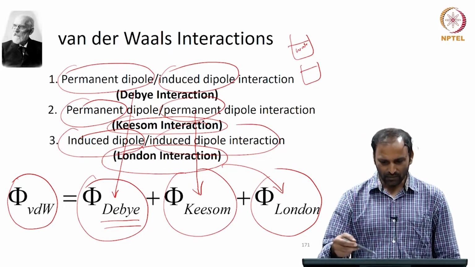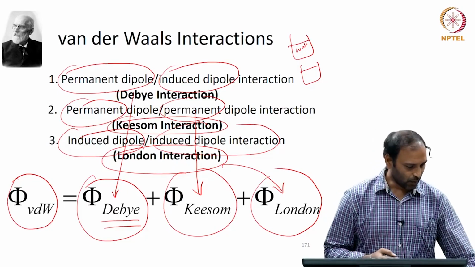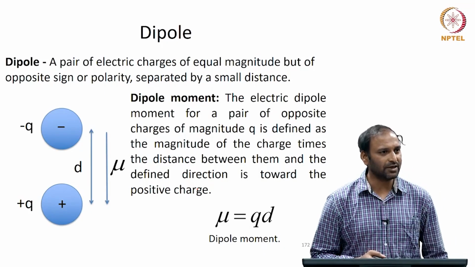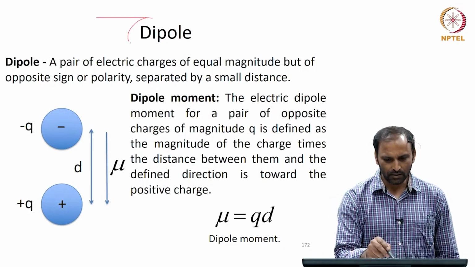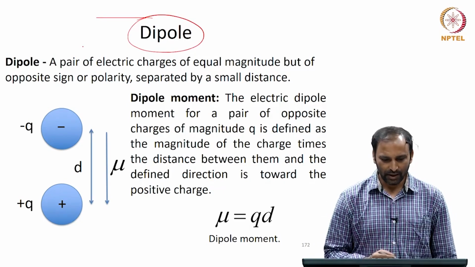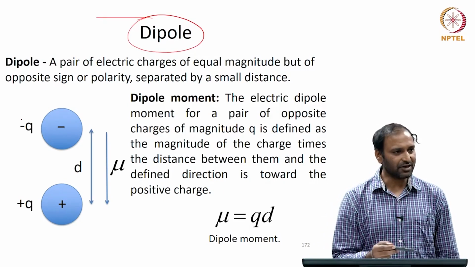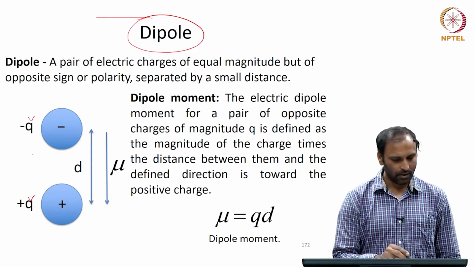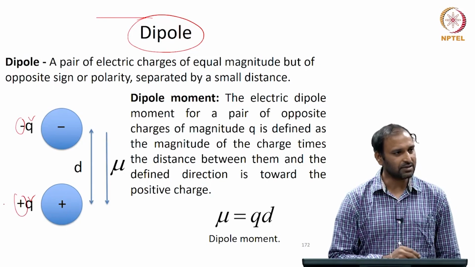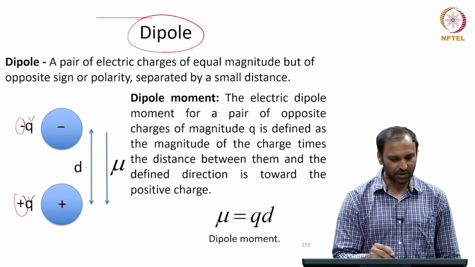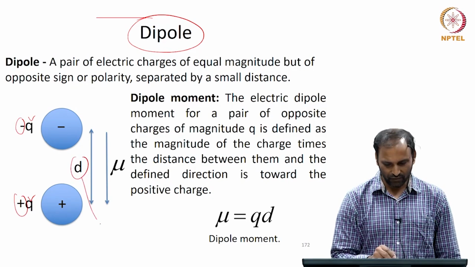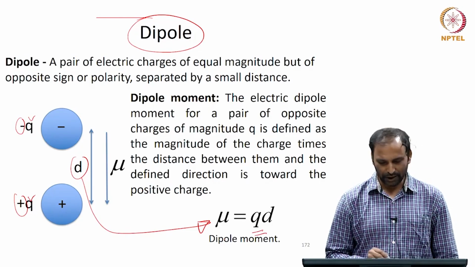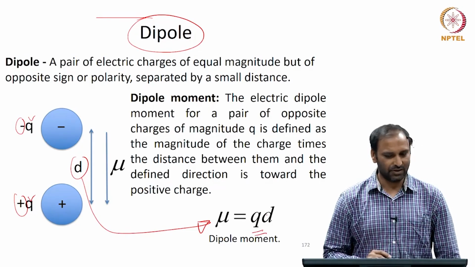Okay. So, before we talk a little bit about each of these things, we will do a very quick intro to dipoles and induced dipoles. So, all of you already know a dipole. It is essentially a pair of electric charges of equal magnitude but opposite sign, separated by some distance d, and for that you define something called a dipole moment, which is the product of the magnitude of the charge multiplied by the distance.